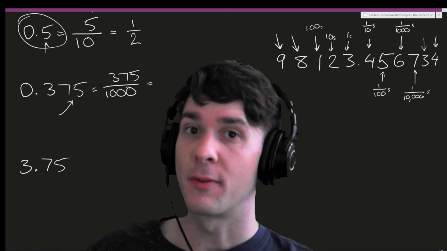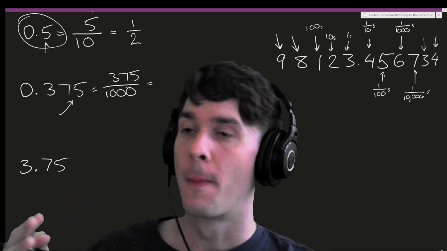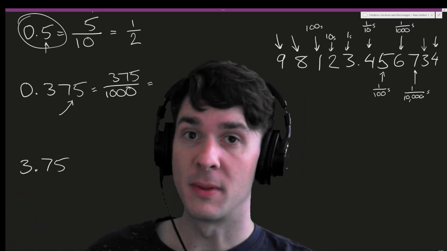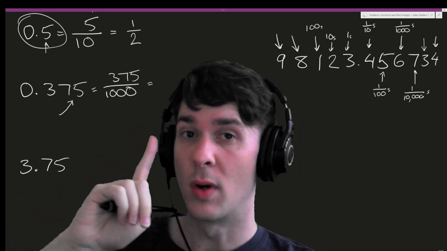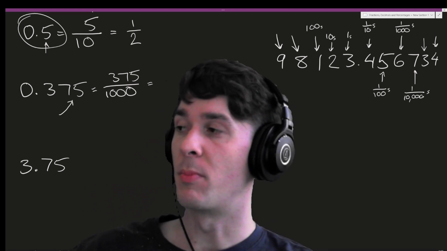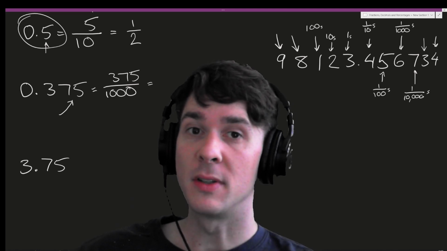When we're simplifying fractions, ideally we want to find the largest common factor. I'm not going to do that here. If you can find the largest common factor, you'll get to the final answer in one step. But I'm going to look for the easiest common factor to spot, and in this case I can see that numerator and denominator are both divisible by 5.